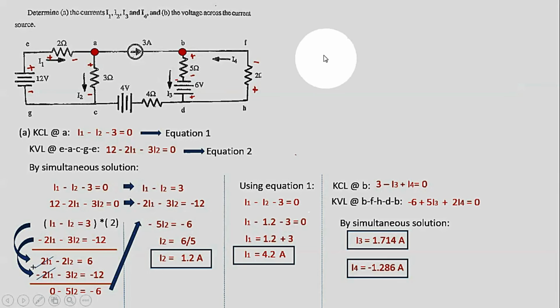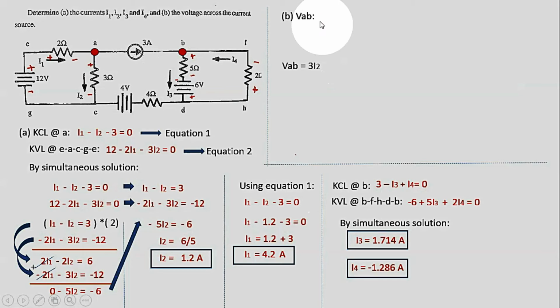Okay, and to be able to have that, let us solve for the V sub AB. What is V sub AB? V sub AB is actually the voltage of this 3 ohm and this battery, this 4 ohms, this battery, and the voltage of this 5 ohms. So for the 3 ohms, you have 3 times I sub 2.